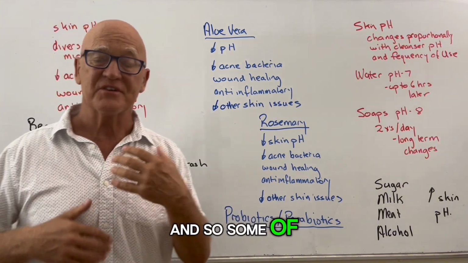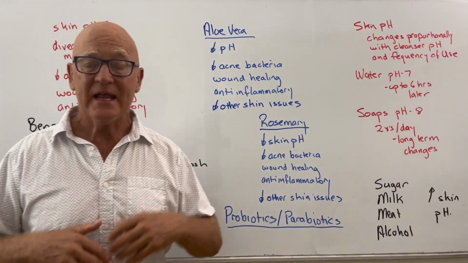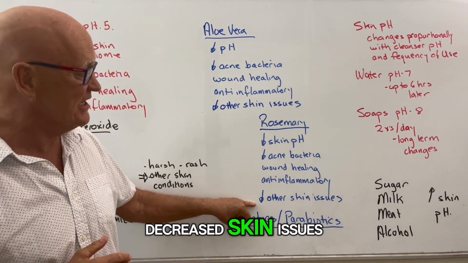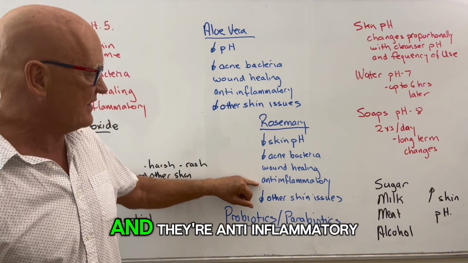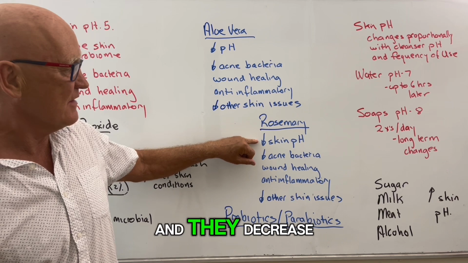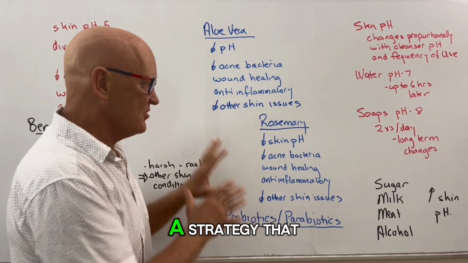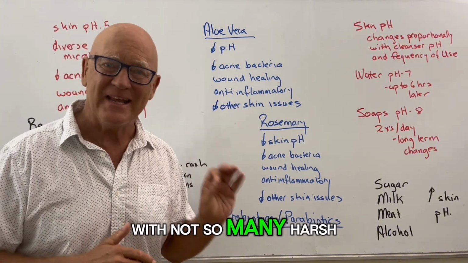And so some of the skin treatments now use postbiotics, probiotics, parabiotics in combinations because they have so many good properties, much the same as decreased skin issues. They're used in rosacea, dermatitis, and they're anti-inflammatory, they're wound healing, decrease acne bacteria, and they decrease the skin pH. So you've got a bit of an idea of a strategy that you can use with not so many harsh toxic chemicals.